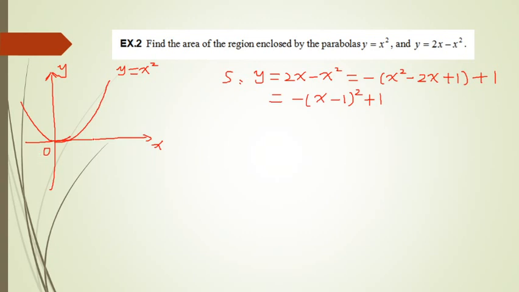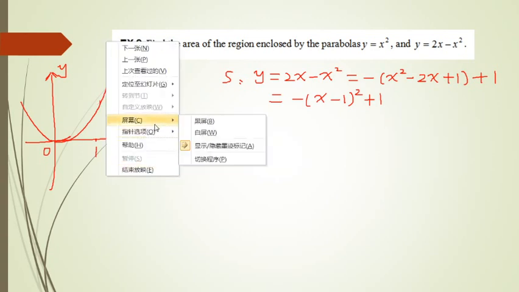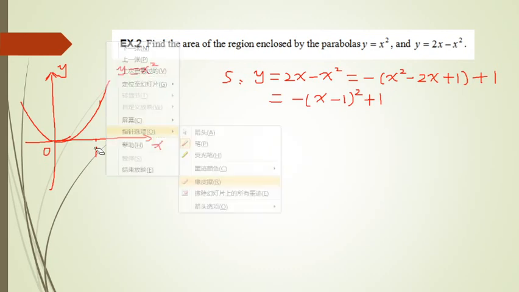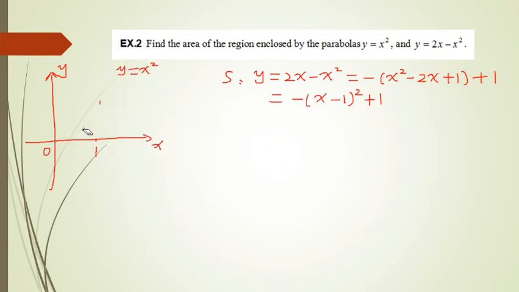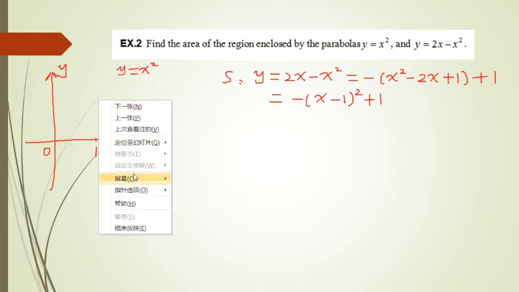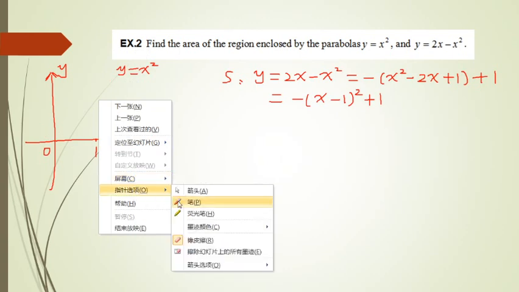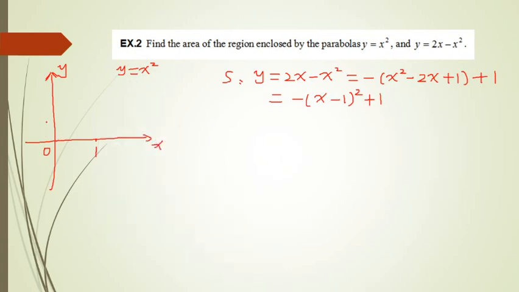So if this is 1 here, shift 1 unit here, and then let me change my parabola a little bit. Here is y equals x squared.